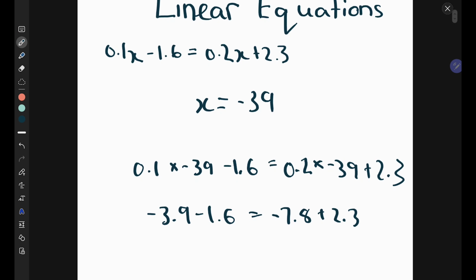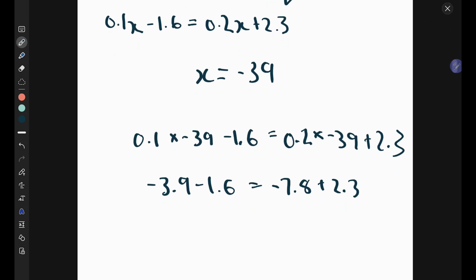And then minus 3.9 minus 1.6 is minus 5.5 equals minus 7.8 plus 2.3, minus 5.5. And as you can see, minus 5.5 equals minus 5.5, so that's right.